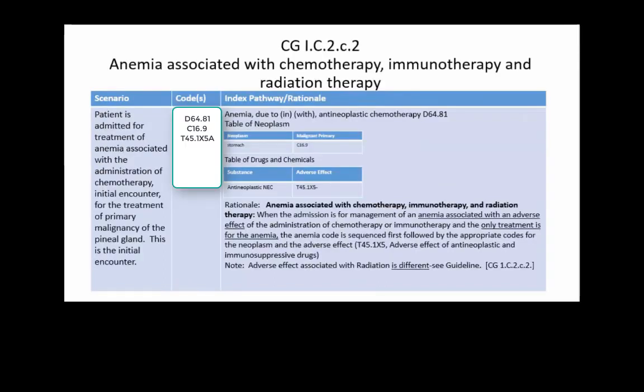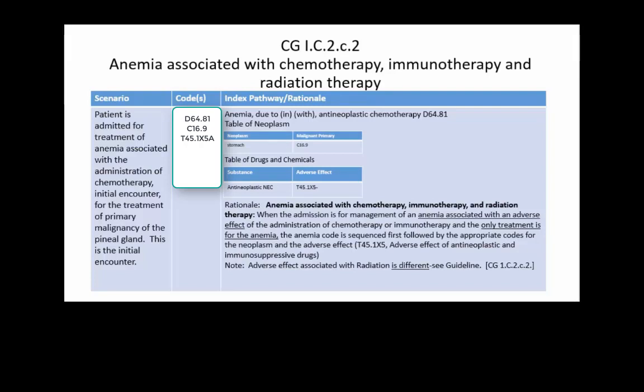Now, I mentioned earlier that anemia can be associated with many different things. The anemia in this example is associated with the chemo, immuno, and radiation therapy. It's not uncommon for these therapies to knock out red blood cells in the bone marrow so that the patient then becomes anemic, and that is specifically related to the administration of these drugs or radiation.